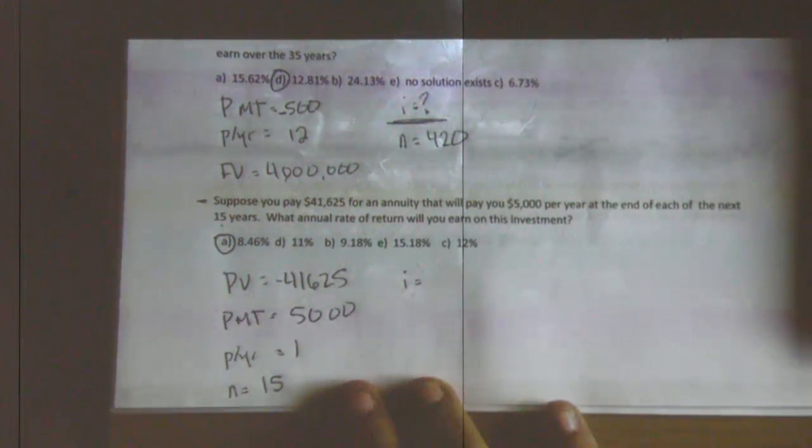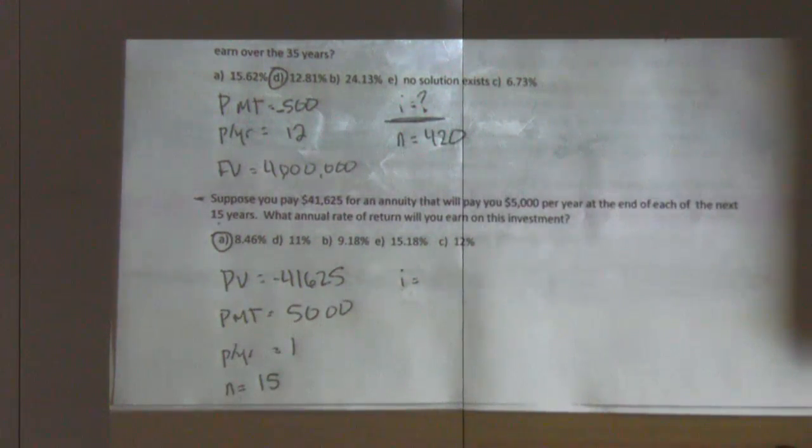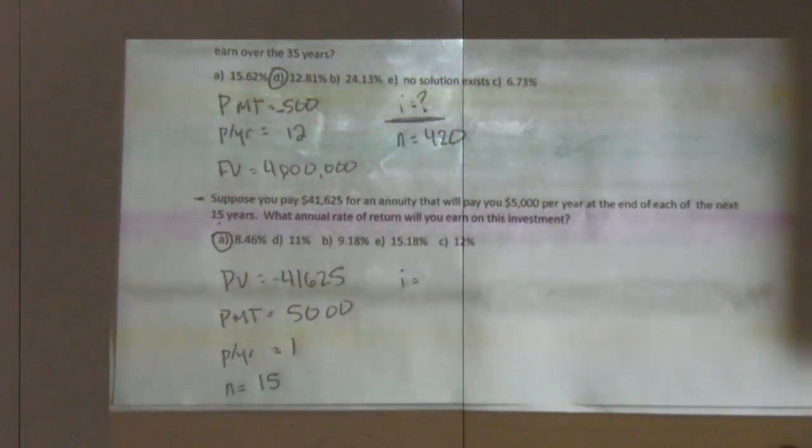Does that make sense? This is just calculator stuff. So just think logically about whether you have a negative cash outflow or a positive inflow of money. So that's time value. I think I have one more. Yeah, I have a couple more.